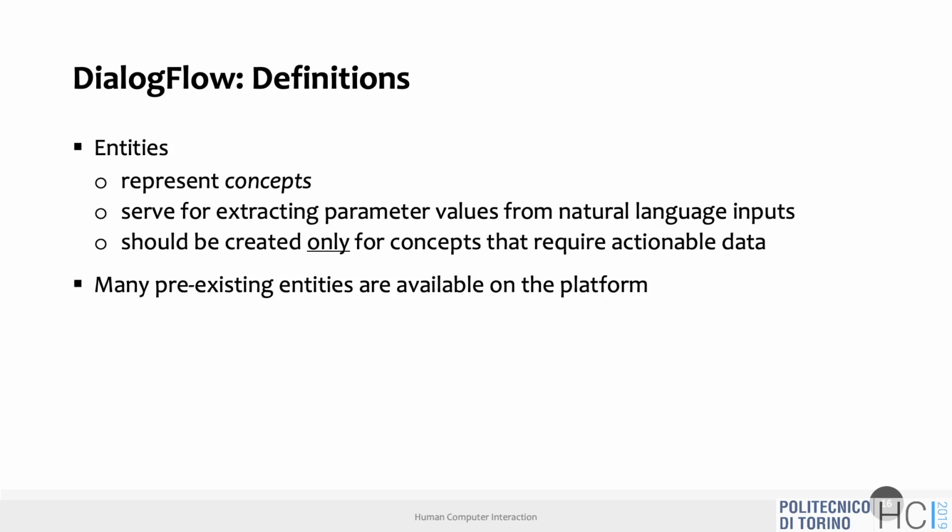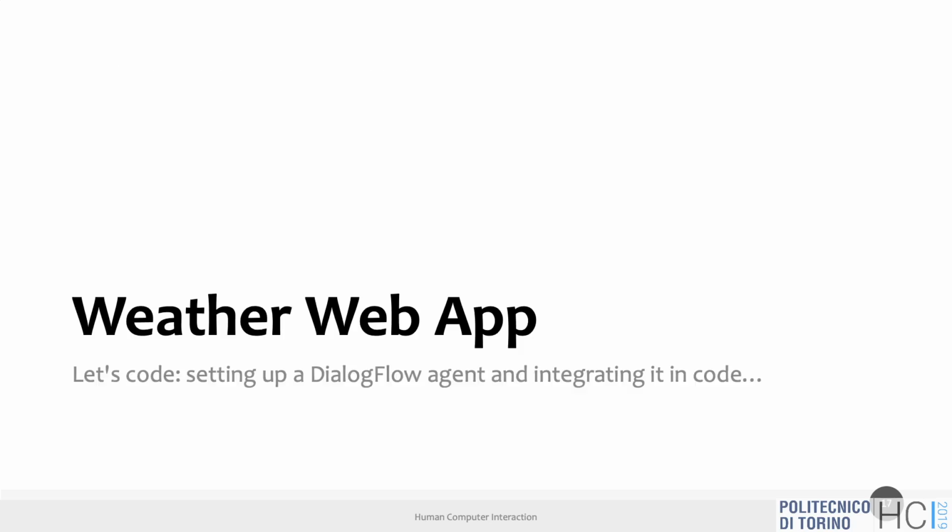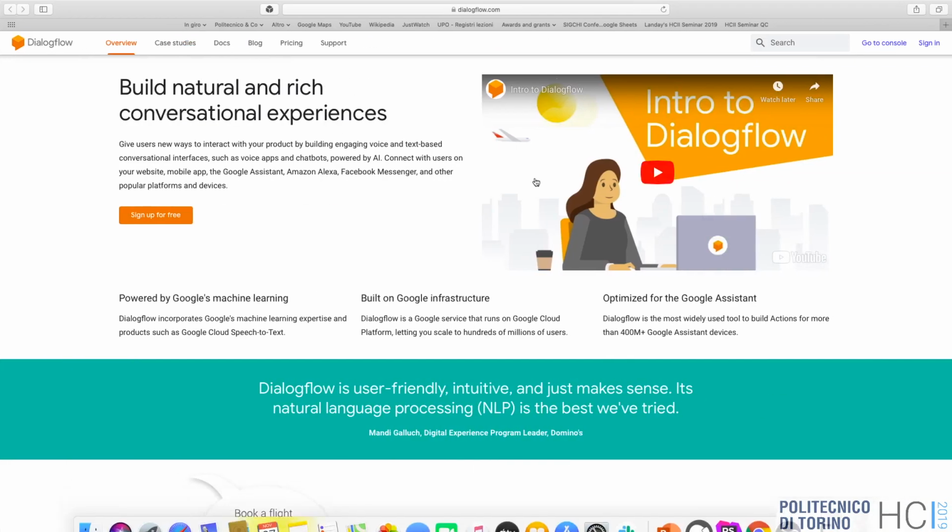You are not really interested in what a verb is because it's not actionable data. So these are just the two definitions, intents and entities, and we are going to create our conversational agent right now in these 15 minutes.